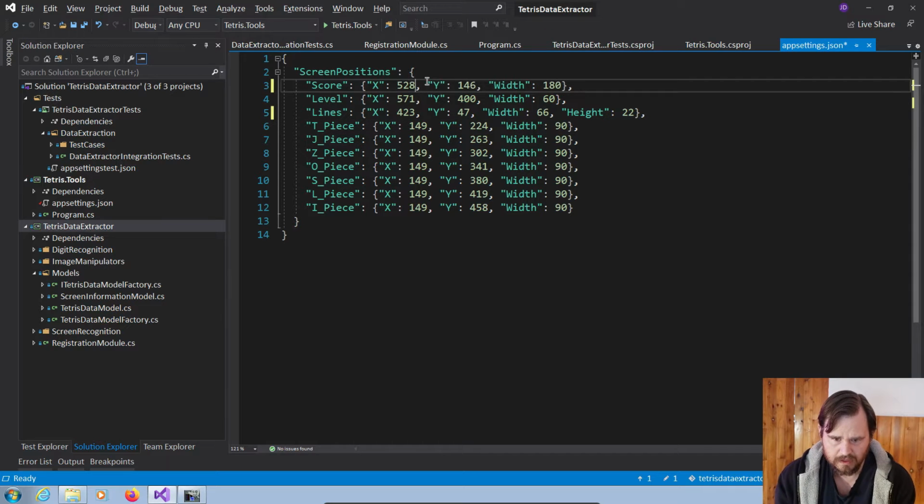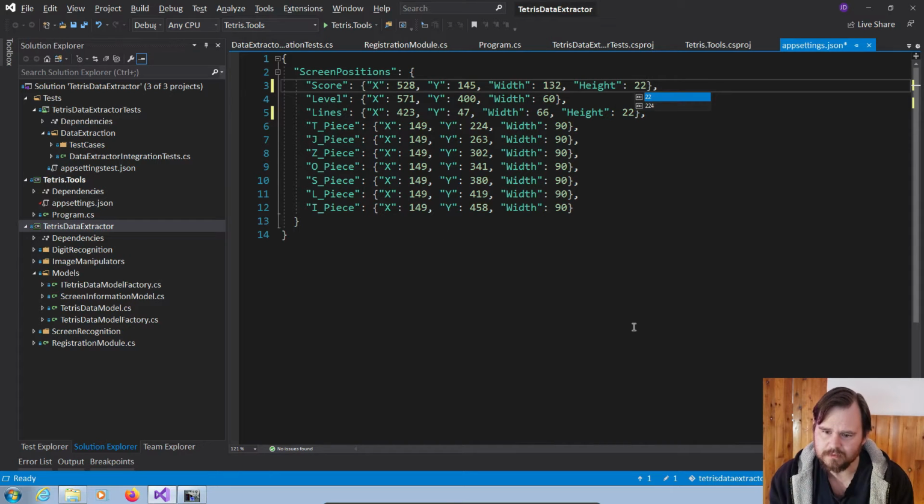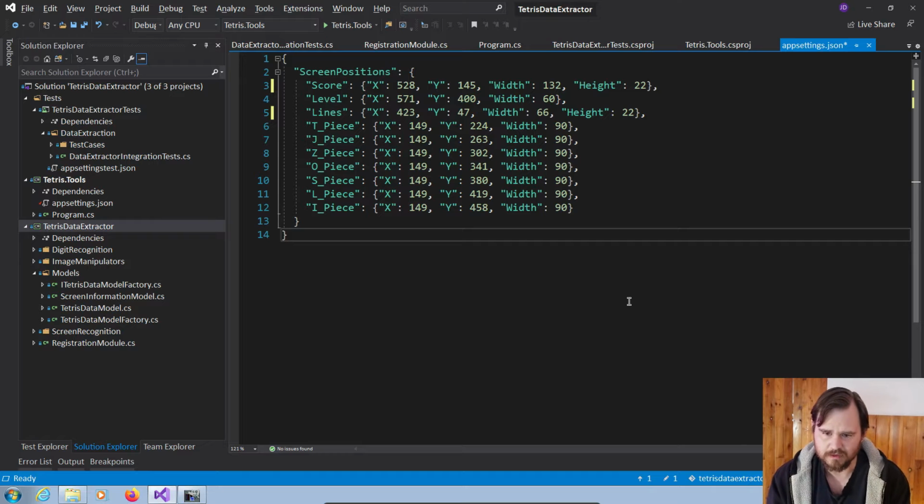Okay, 528, 145. The width is 132 and the height is 22. We're just going to assume the measurements I took in previous times were semi-good as well. Yeah, I think we'll be okay.